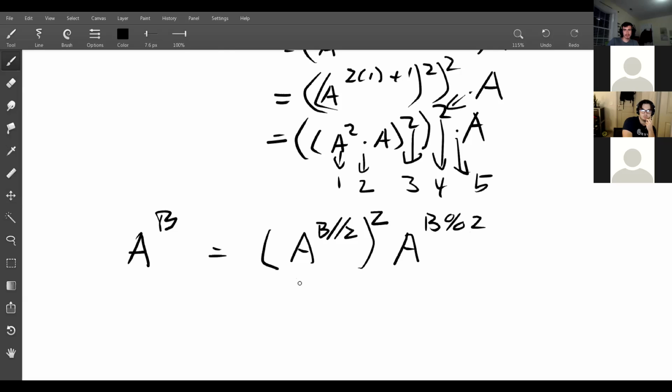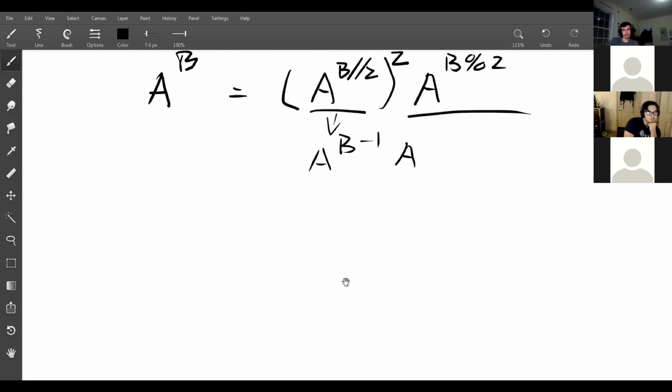So we can recursively compute this, and this is either a or just the identity, right? This is either a or 1, because this exponent is either going to be 0 or 1. So basically, recursively, we'll figure out what a to the power of half of b is. We can then multiply that by itself to get a to the power of b if it's even, or a to the power of b minus 1 if b is odd. And then we just have to multiply by an extra a to do that.